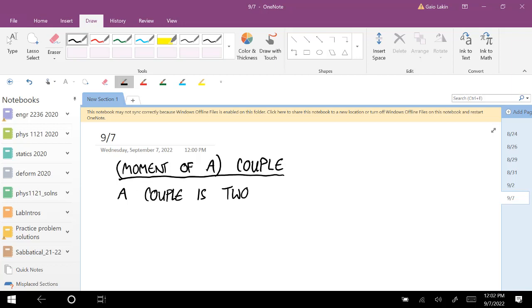So a couple is 2 equal and opposite forces acting at a distance from each other.